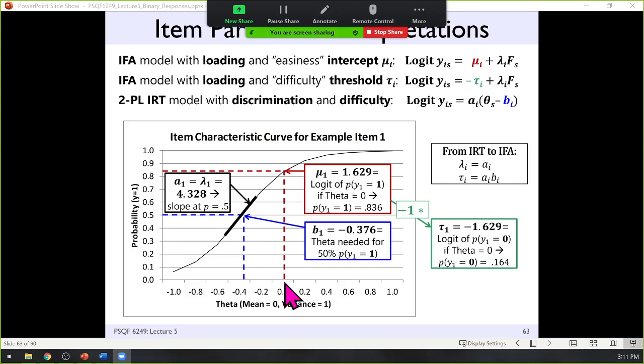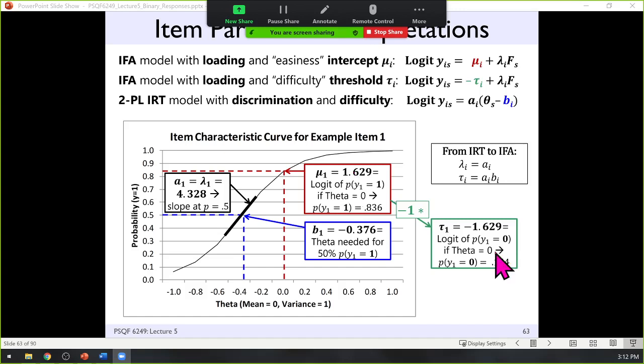So the intercept gives you predicted response in logits where theta is 0, which happens up here. And so if I unlogit that, a logit of 1.6 corresponds to a probability of a 1 of 0.8. If I take that intercept and multiply it by -1, now I've got a threshold. And if the intercept gave me the probability of a 1 when theta is 0, the threshold gives me the probability of a 0 when theta is 0.